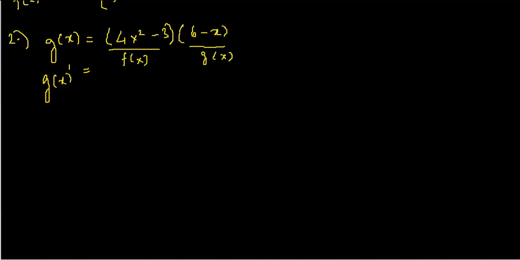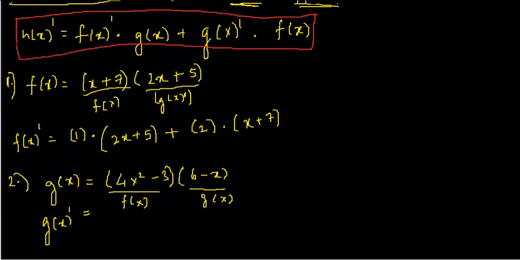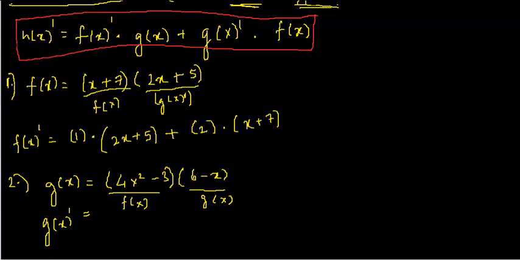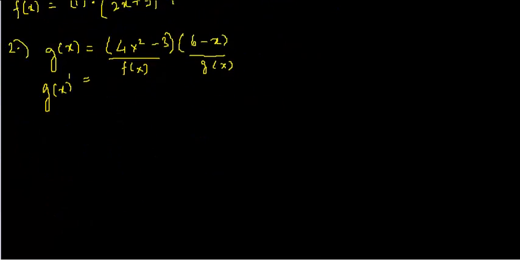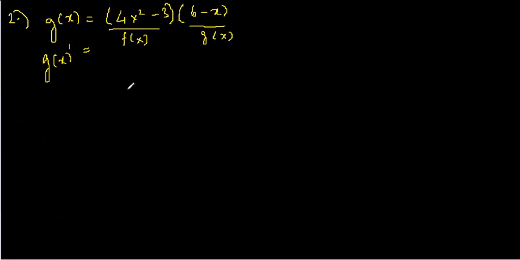We know what the equation was: the derivative of f of x times the initial g of x plus the derivative of g of x times f of x. So let's do it quickly.